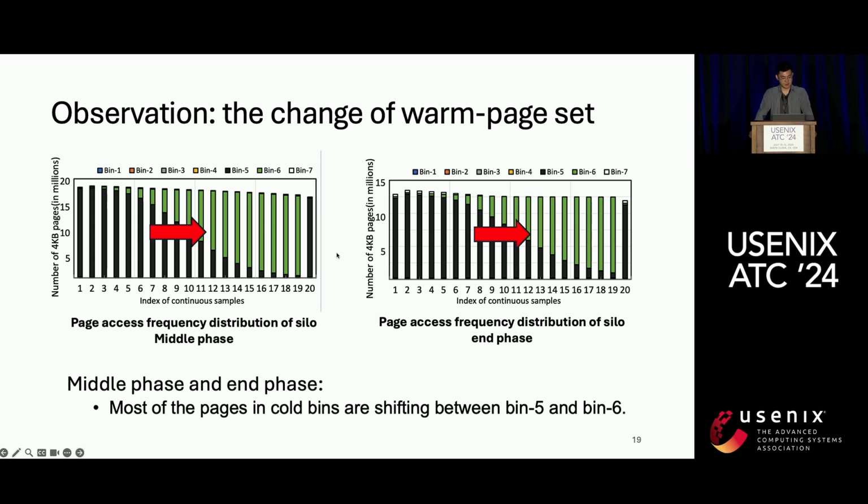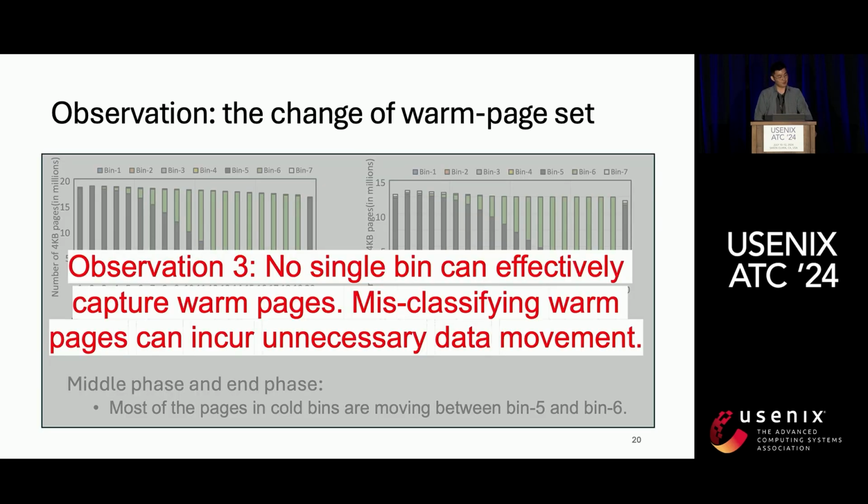We also had the results during the middle phase and end phase of Silo. We found that this trend still persists. So we got our third observation. No single bin can effectively capture the warm pages. Misclassifying warm pages can incur unnecessary data movement.